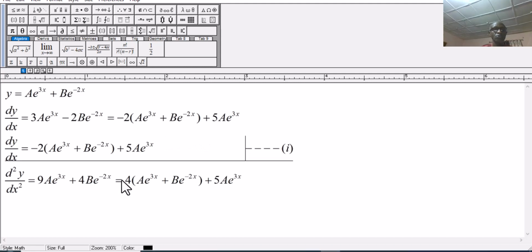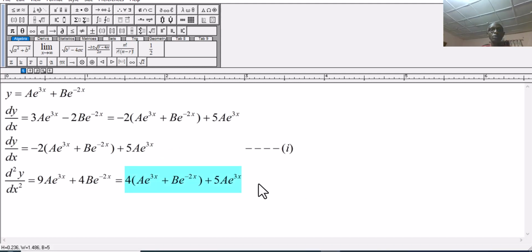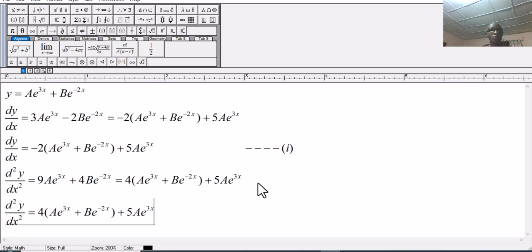Then this also, I'll copy it: d2y/dx squared, and let's call this equation 2.